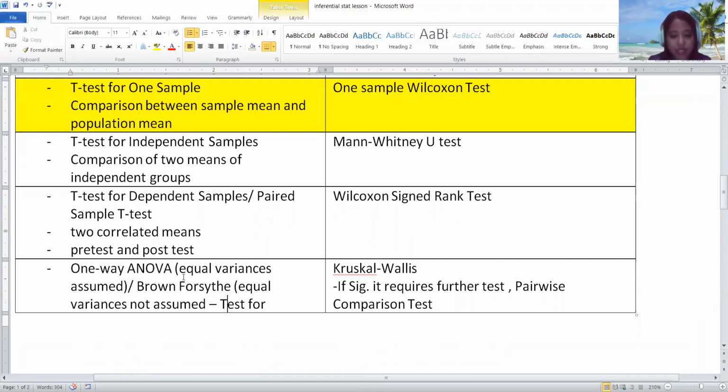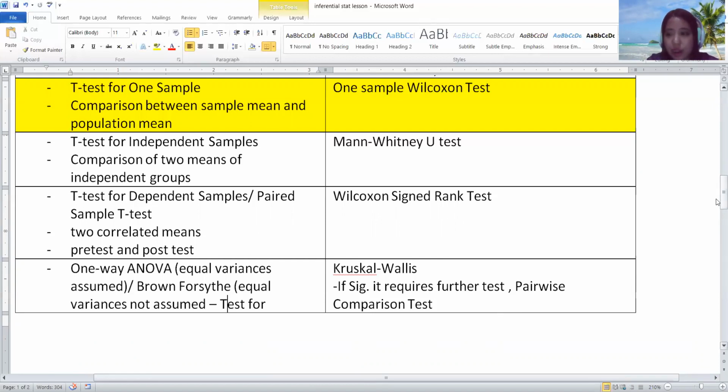Let's say you're going to compare A with B, A with C, and B with C. So you're going to do the t-test for independent samples three times. Not unlike if you're going to use one-way ANOVA, so you just need to use one-way ANOVA. And in case there is a significant difference, you have to use the post hoc test.